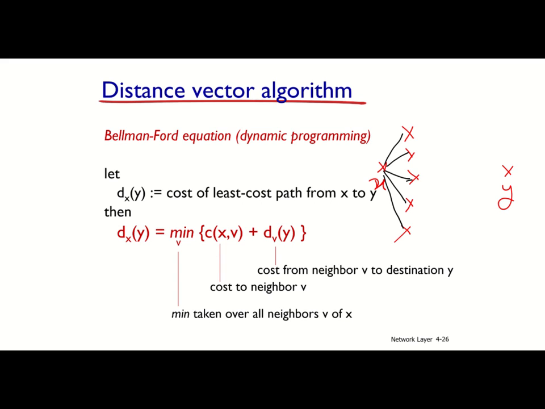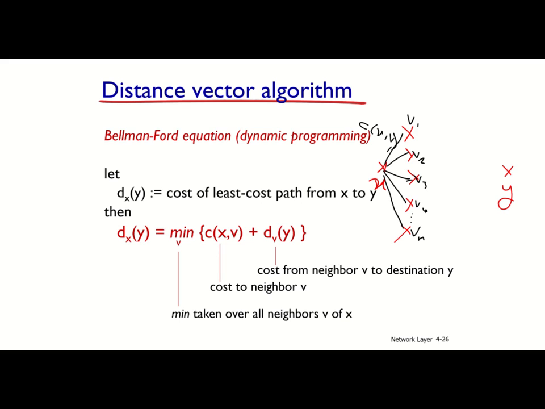Obviously the cost of each of these links is represented by c of x and v. So this is v1, with cost c of x and v1, this is v2, v3, v4, and maybe all the way to v sub n.